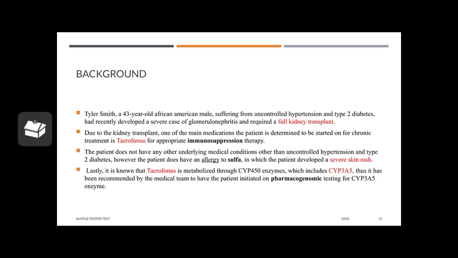The patient does not have any other underlying medical conditions other than uncontrolled hypertension and type 2 diabetes. However, the patient does have an allergy to sulfa, in which the patient developed a severe skin rash. Lastly, it is known that tacrolimus is metabolized through CYP450 enzymes, which includes CYP3A5. Thus, it has been recommended by the medical team to have the patient initiated on pharmacogenomic testing for the CYP3A5 enzyme.